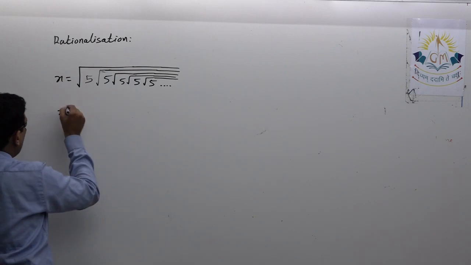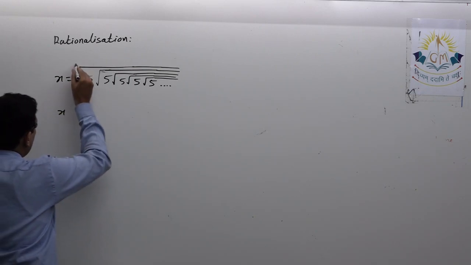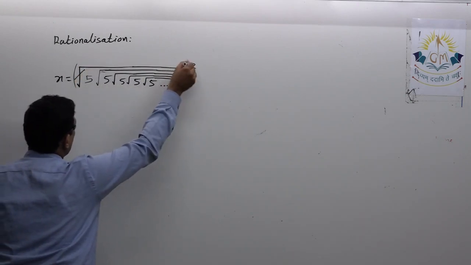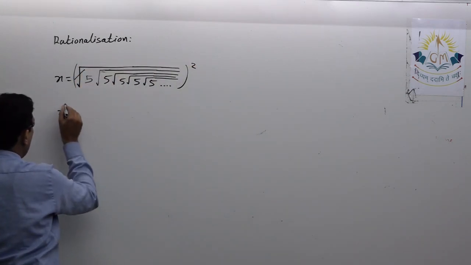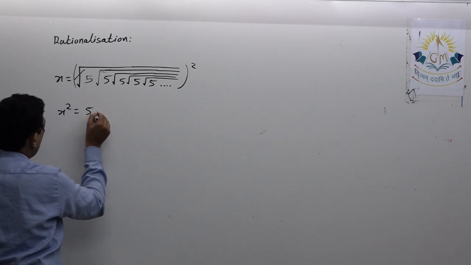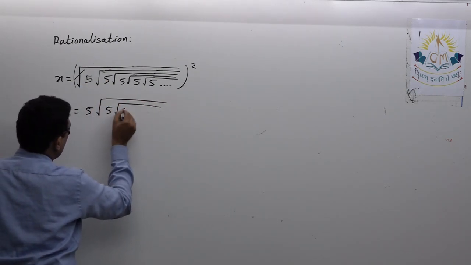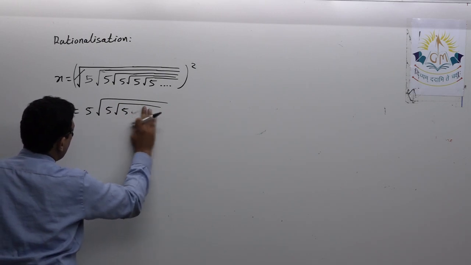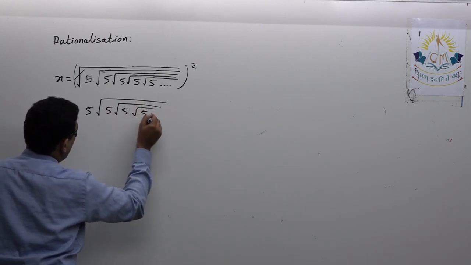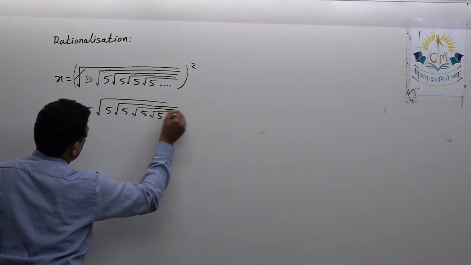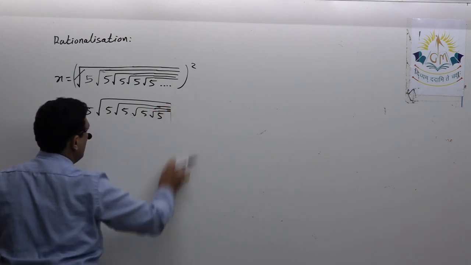Now if I square on both sides, so if I square this particular term, this root sign will cancel out, isn't it? So I will get x square is equal to 5, and again I will get the same thing, 5 root 5, again root 5, then root 5, and so on. This I will get by squaring both sides.